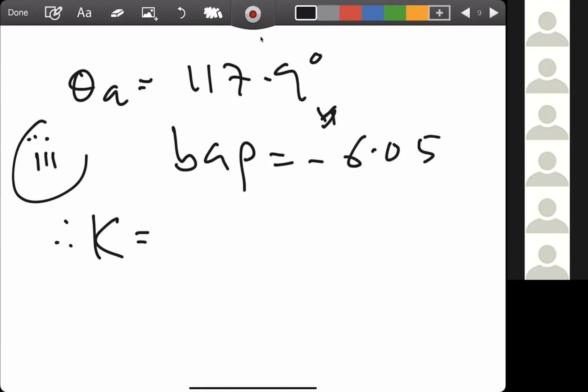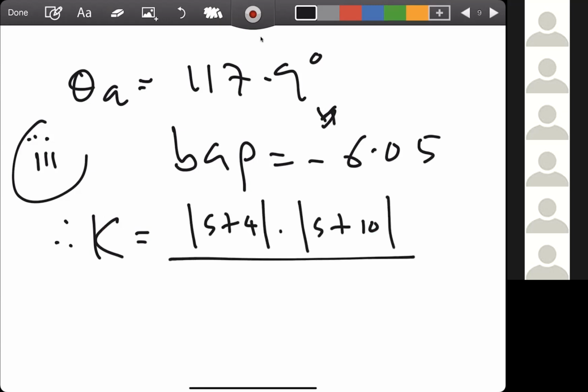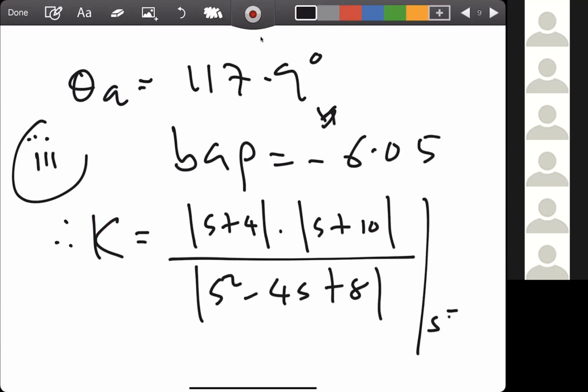The formula, I think: magnitude of S plus 4, magnitude of S plus 10, magnitude of S square minus 4S plus 8. Replace S with minus 6.05. Yes.